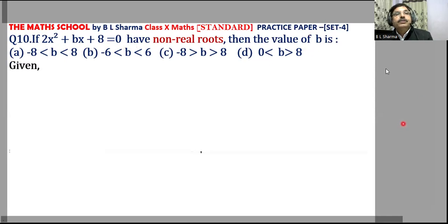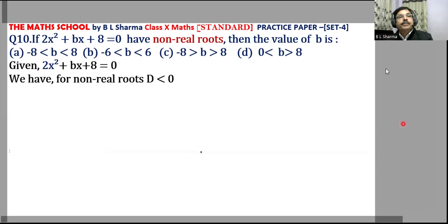First we write the condition for non-real roots. The quadratic equation is 2x square plus bx plus 8 equals 0, and the condition for non-real roots is that the discriminant should be negative, means less than 0. Here the discriminant b square minus 4ac should be less than 0.